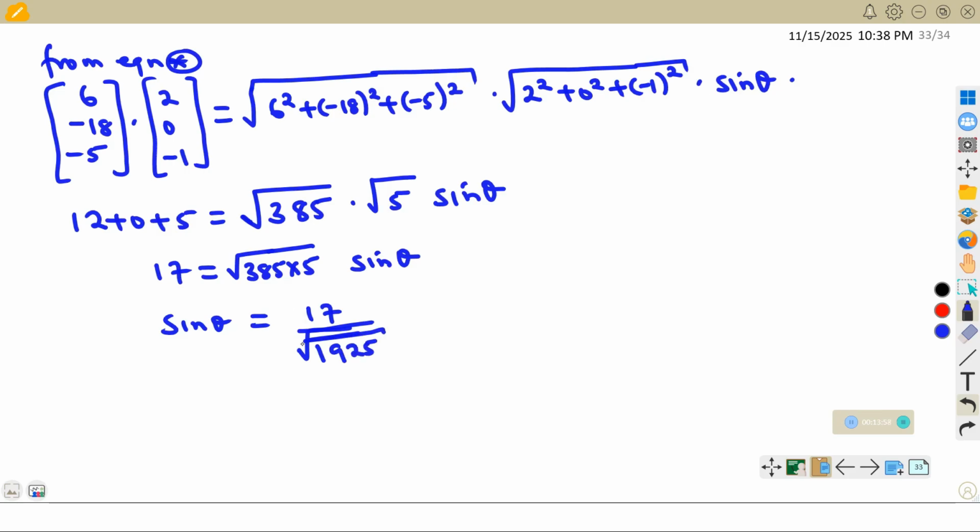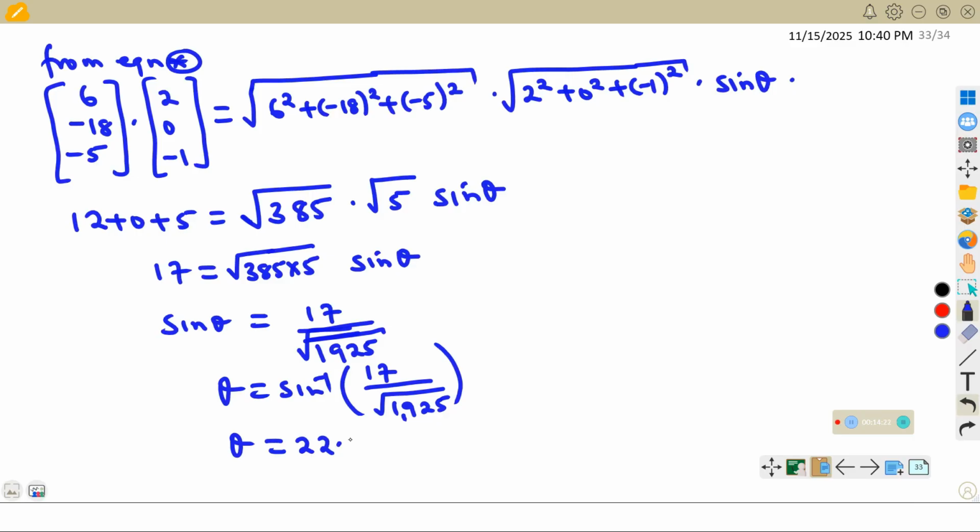So theta is sine inverse of 17 over the square root of 1925, which gives the angle as 22.796, approximately 22.8 degrees. This will be the angle between the plane and the line.